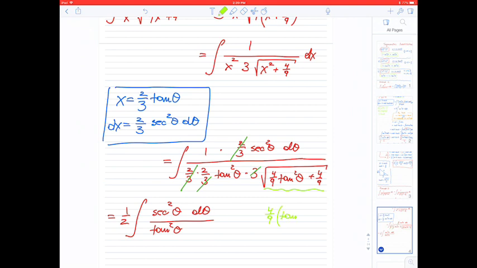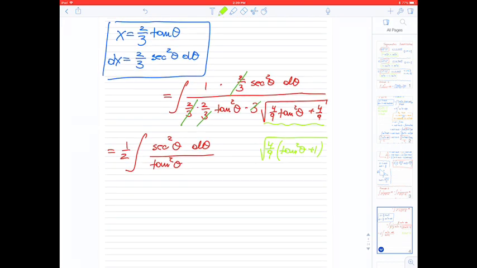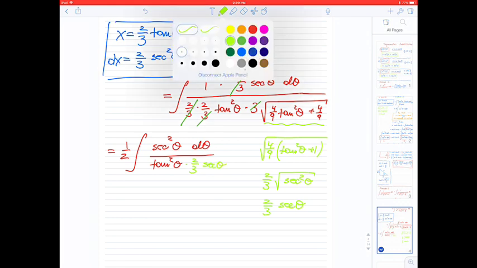We will have tangent square theta plus 1. And then square root of 4 over 9 is 2 over 3. And tangent square theta plus 1 is secant square theta. That was the point. Square root of secant square is just secant. That means I can put 2/3 secant theta in the denominator.